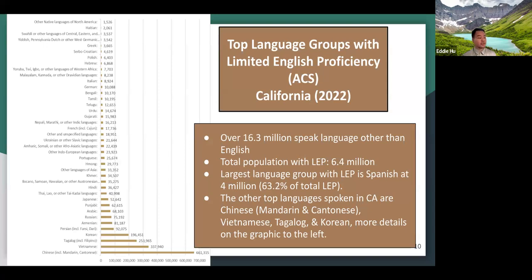As you can see, language barriers present a significant challenge for individuals with LEP, impacting their ability to access quality healthcare coverage and services effectively.